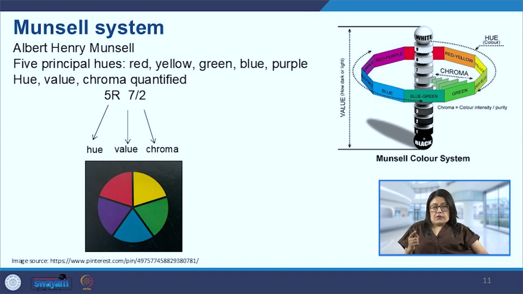If we see this diagram here on the top right, he arranged all the 5 principal hues that he included in his system, and then of course after combining two colors, we would get the secondary color. So for example, when blue and green were combined, it gave us blue green. So now he had a total of 10 colors, as we can see, in a circular manner.